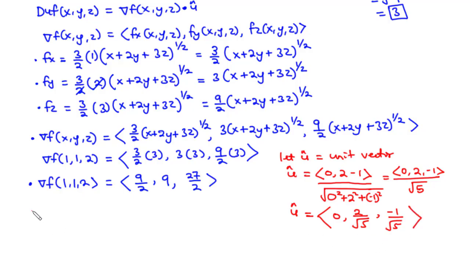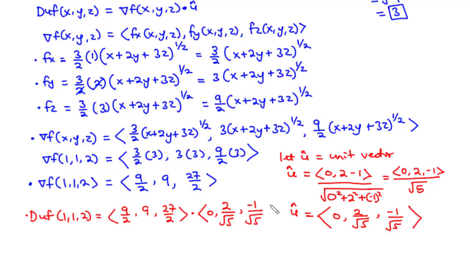Now, to find the directional derivative of the function at the point (1, 1, 2), that is equal to the dot product of the gradient of the function at the point (1, 1, 2), which is the vector having components 9 over 2, 9, and 27 over 2, dot the unit vector having components 0, 2 over root 5, negative 1 over root 5.